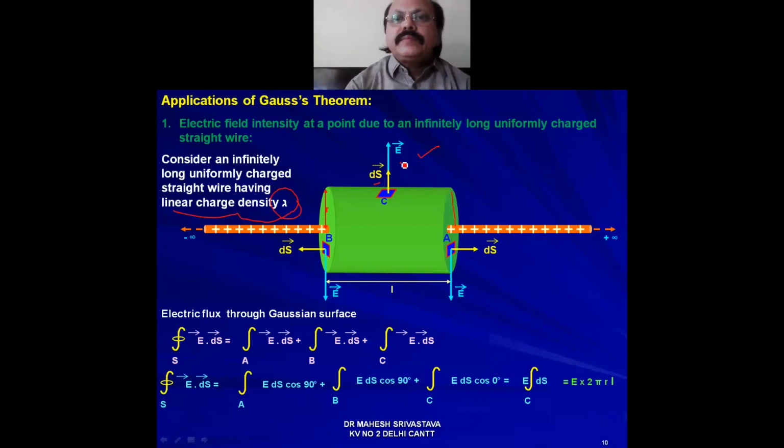But when we take a flat surface, say A, and an area element ds vector, normal drawn outward, and the direction of the electric field, then the angle between the area vector and the electric field is 90 degree. Similarly, when we take another flat surface B, normal drawn outward, the angle between the electric field and area vector is 90 degree.